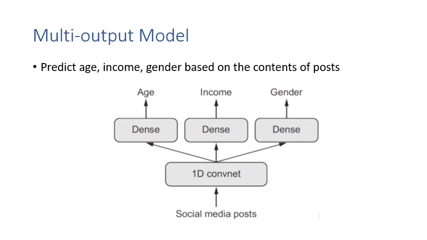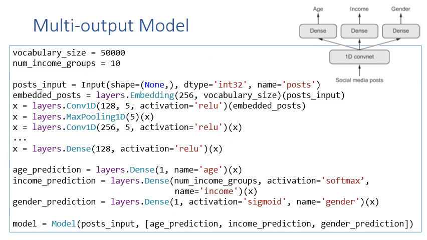Right? Here is the implementation of the multi-output model. First, we choose the vocabulary size, which is 50,000, and then we define the number of income groups. We classify the income into 10 groups. So first, we create an input tensor for the post input.